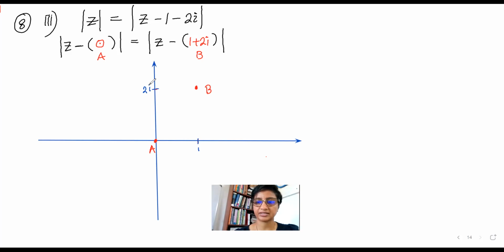So it's a line connecting them. First connect the two and draw the perpendicular bisector. It's equal, so it is the perpendicular bisector.